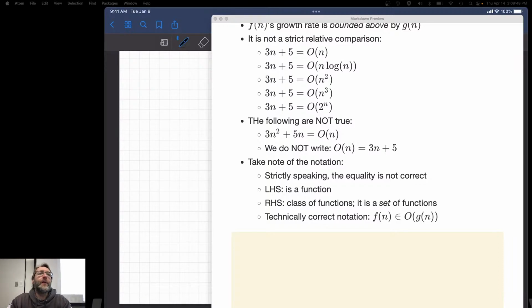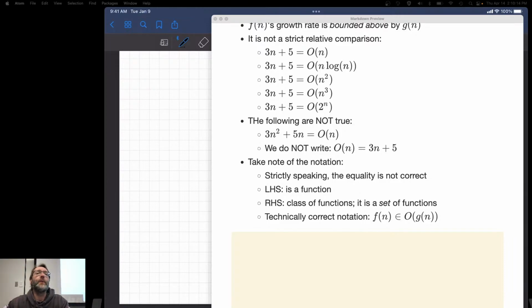If you've had set theory before, you'll recognize this notation. The backwards epsilon basically says that the thing on the left-hand side is a member of the set on the right-hand side, a class of functions. Don't worry about it for this course. We'll go ahead and abuse the notation and say equals, but you do not write it the other way around.